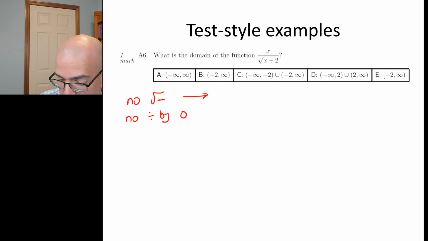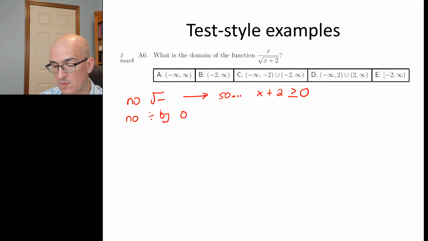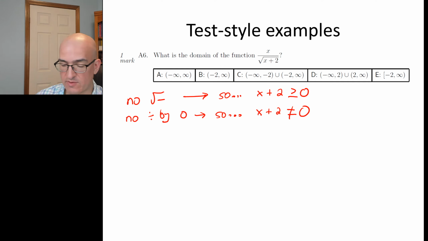So this first restriction, no square roots of negatives, means that x plus 2 must be greater than or equal to 0. That'll prevent the square root of a negative number. And not dividing by 0 means x plus 2 cannot equal 0.